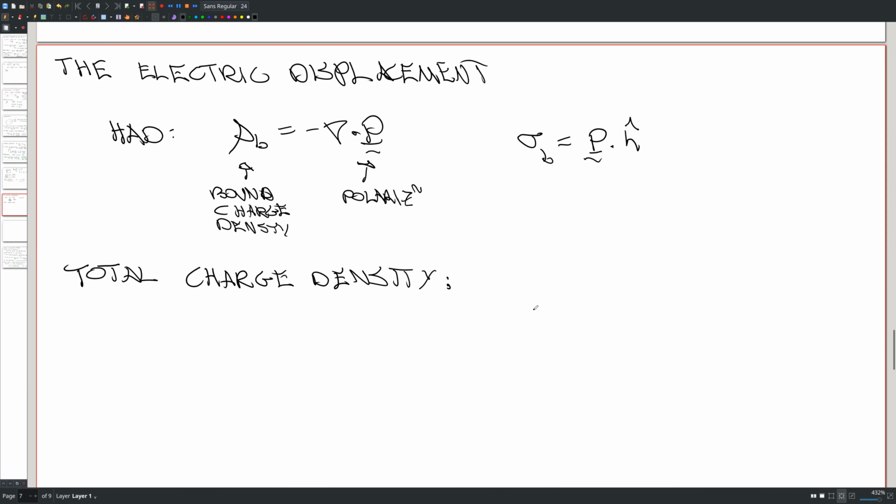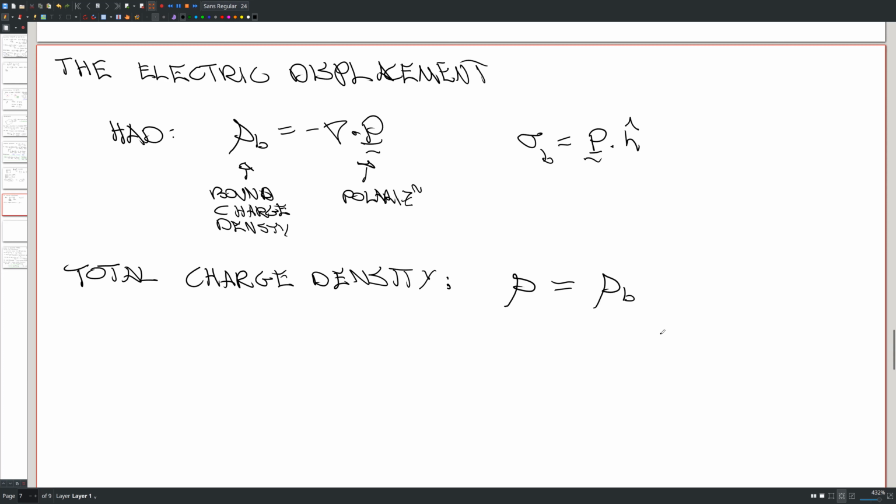we write as just rho, and that contains absolutely everything. Everything that has electrical charge in the vicinity of the evaluation point that you're considering. But we're going to say, well, that can have two different origins. It can be, first of all, this bound charge that I have here.